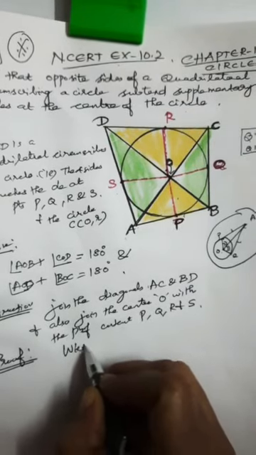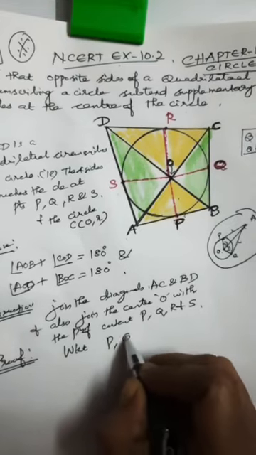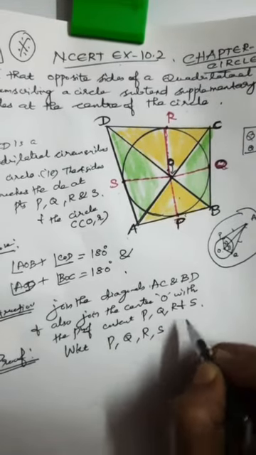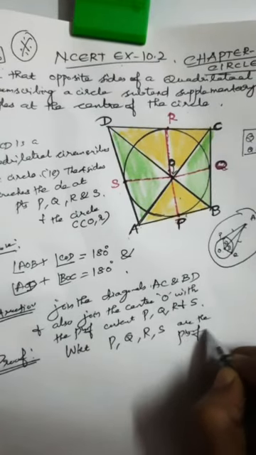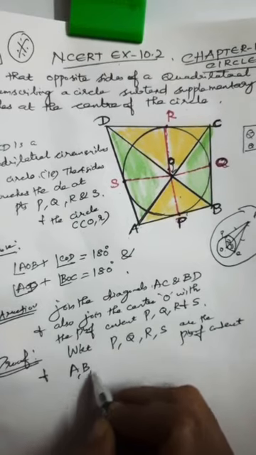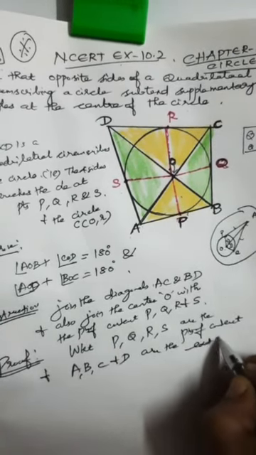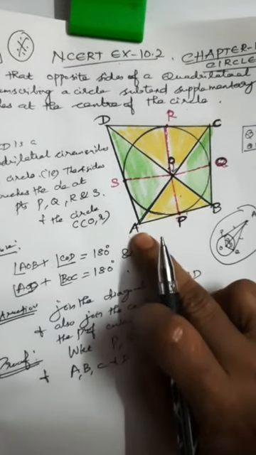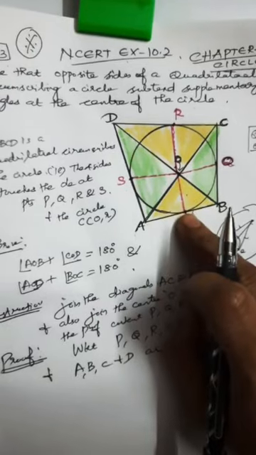We know that P, Q, R, S are the points of contact, and A, B, C and D are the external points. So if A is an external point, then AP and AS are the two tangents.